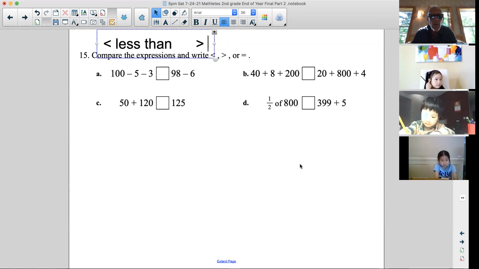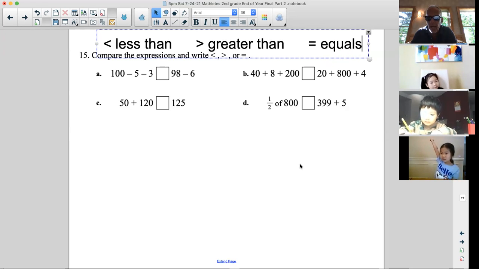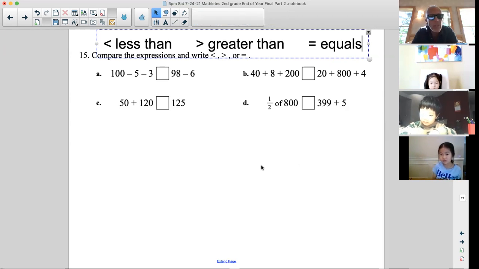That symbol means greater than. And who knows what this symbol means? Go ahead, Eleanor. Equals.